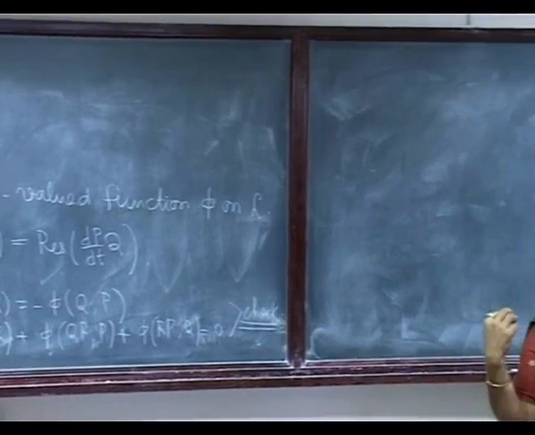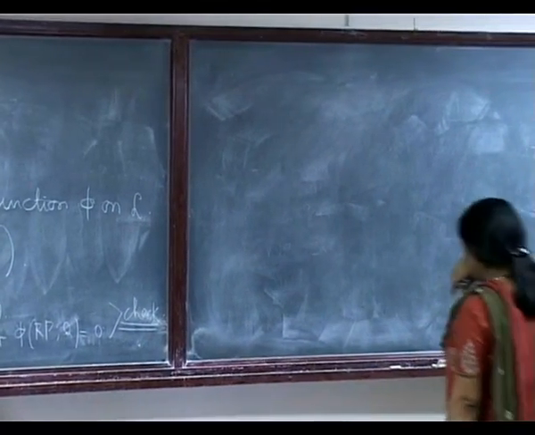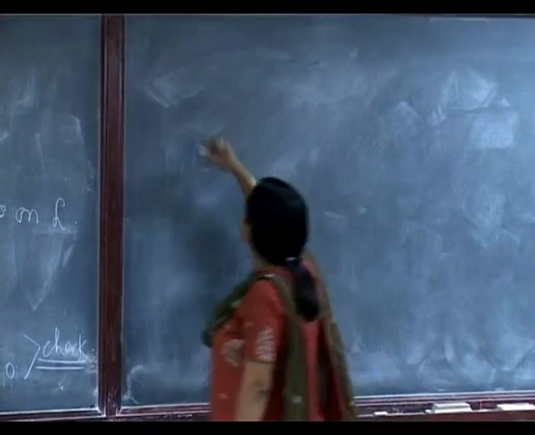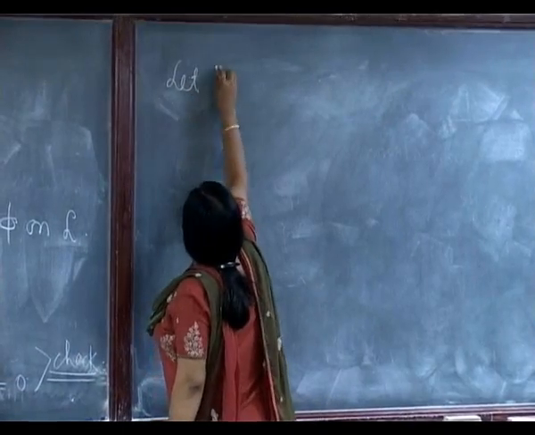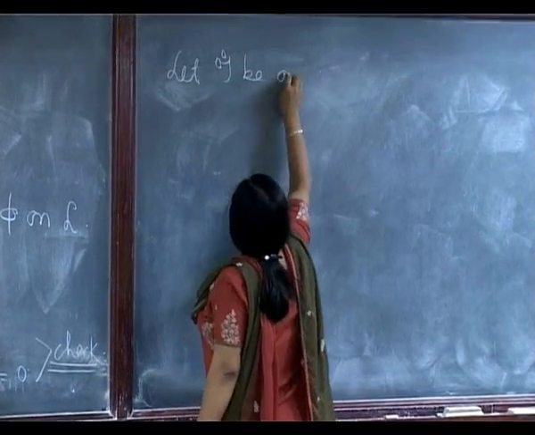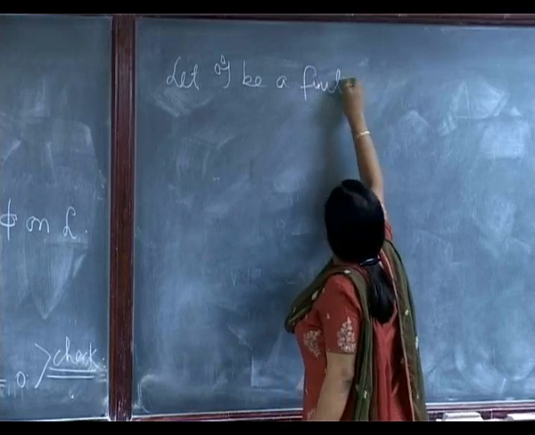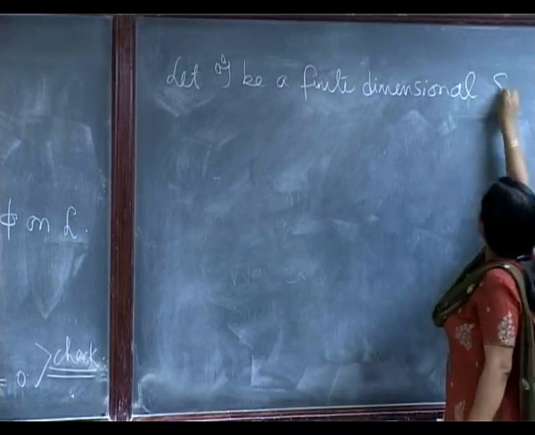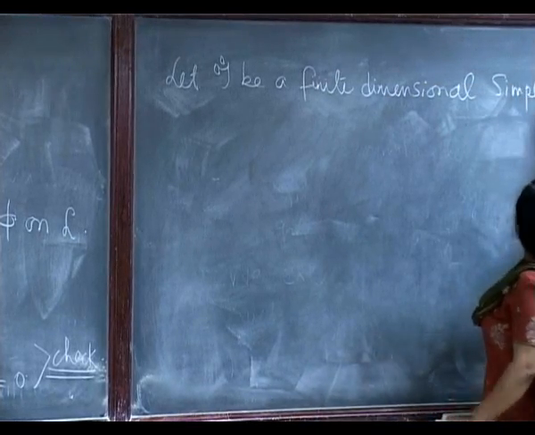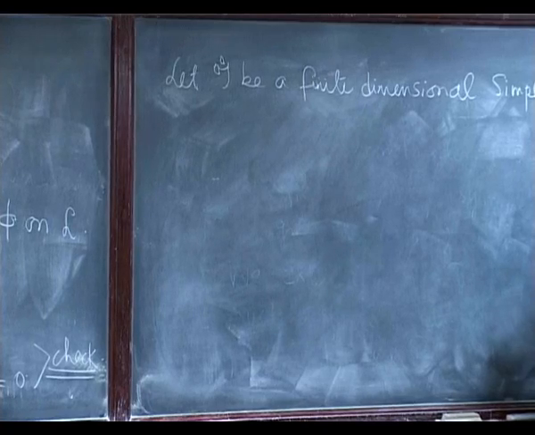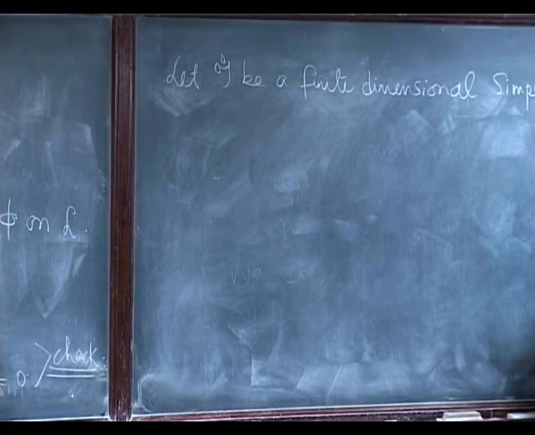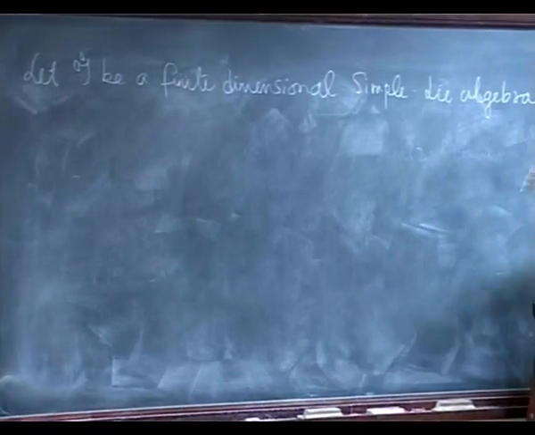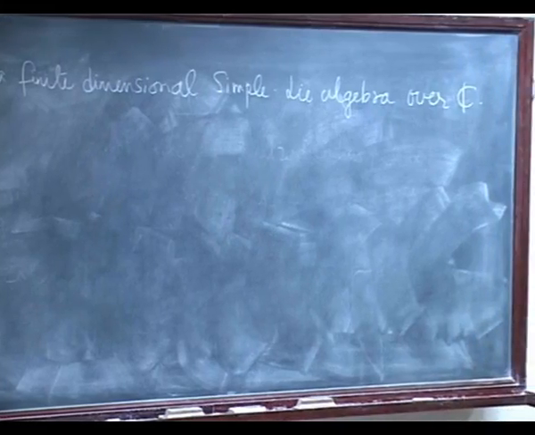Okay. All right. Now, I talk about loop algebra of a simple finite dimensional algebra. So, let G naught be a finite dimensional simple Lie algebra over C. Okay.